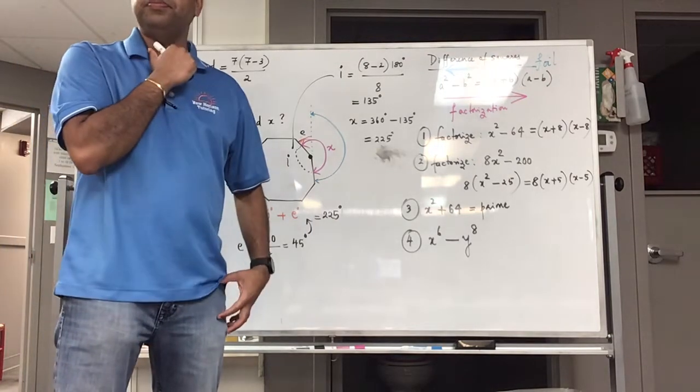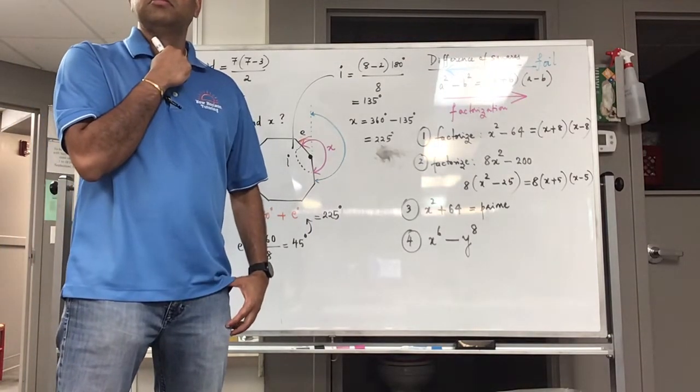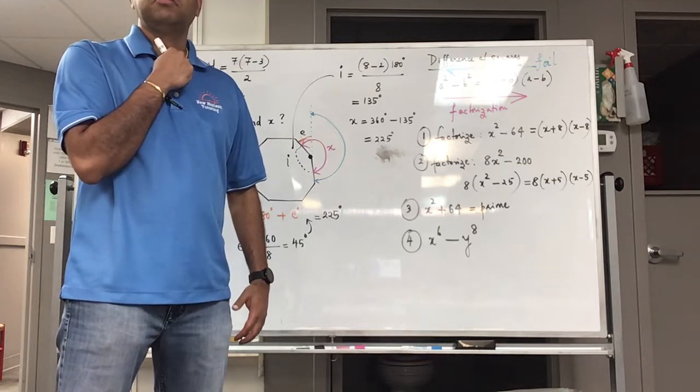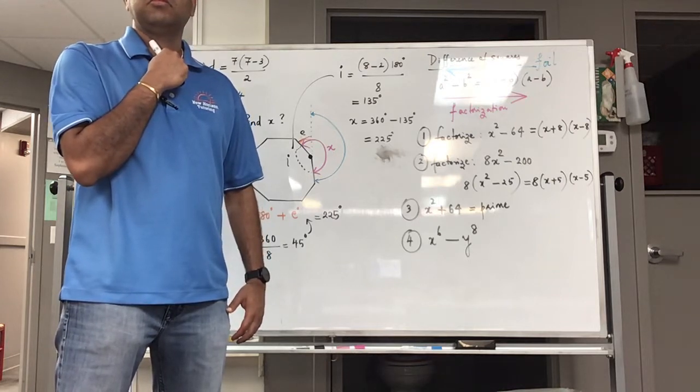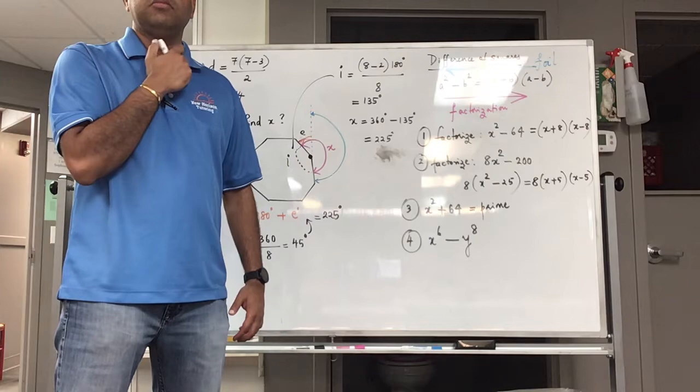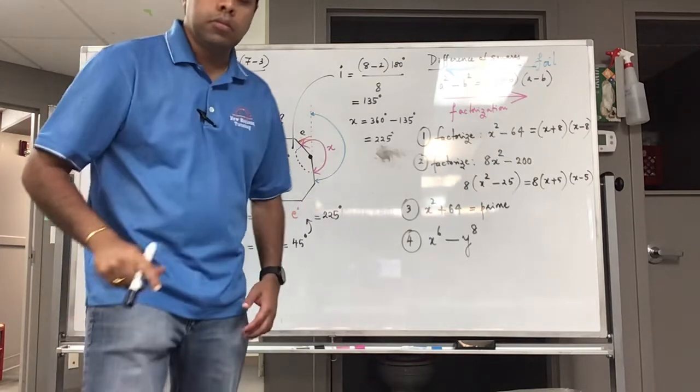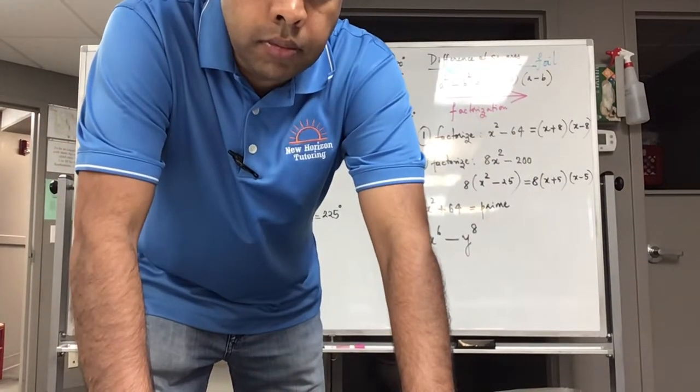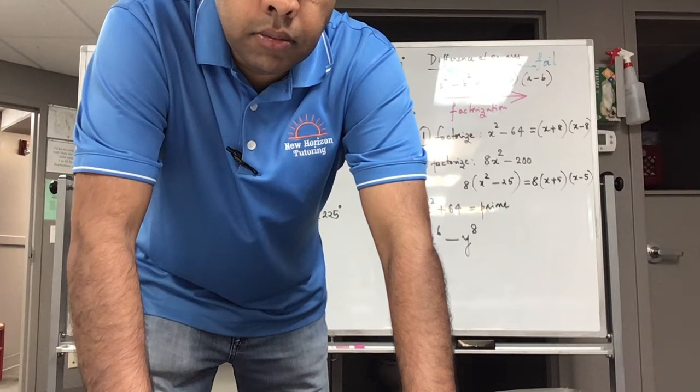Anybody? Would it be x to the third minus y to the fourth times x to the third plus y to the fourth?